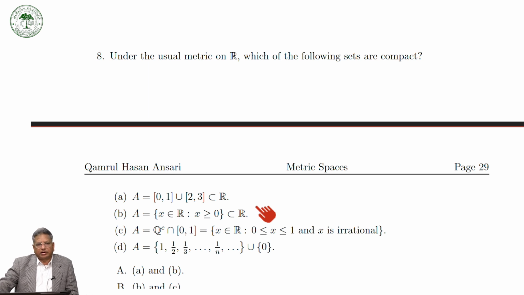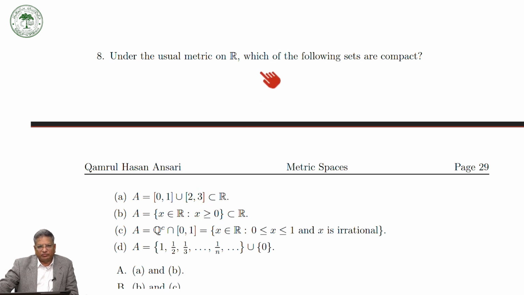Now take another MCQ. Under the usual metric on R, which of the following sets are compact? Let's say this is your closed and bounded set, so the whole set is a closed and bounded subset of R. A closed and bounded subset of R is compact, so A is compact.